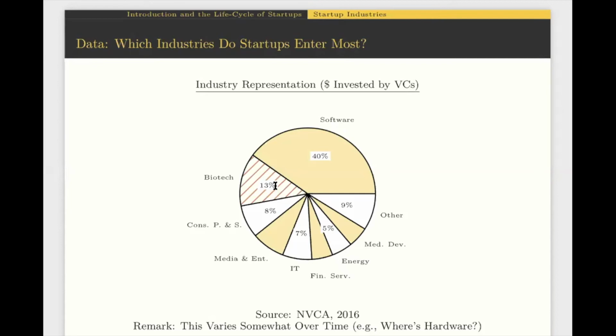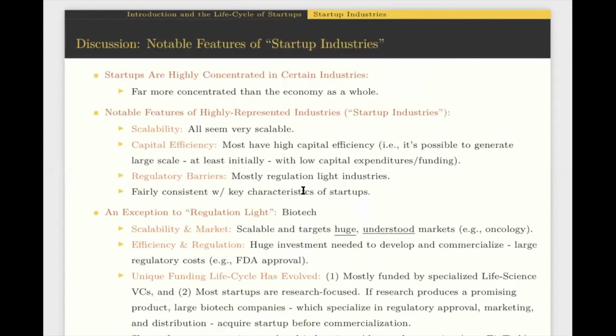The real question is, can they develop a drug that's actually effective at treating this disease, right? So one of the things that's unique with biotech is the main uncertainty associated with biotech startups is specifically product uncertainty as opposed to the other forms of uncertainty that I've highlighted, right?